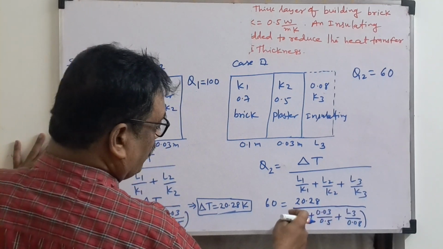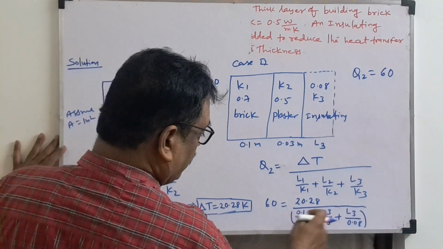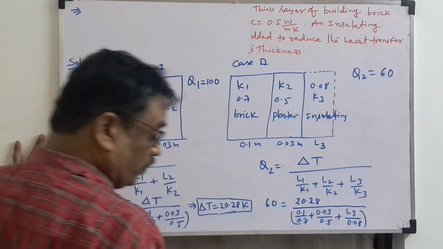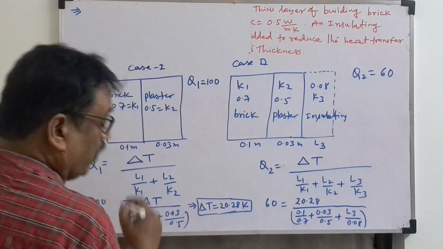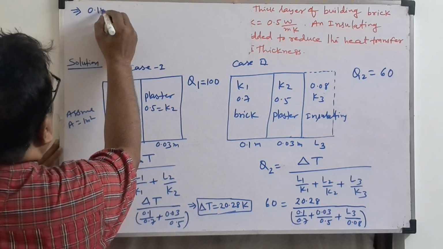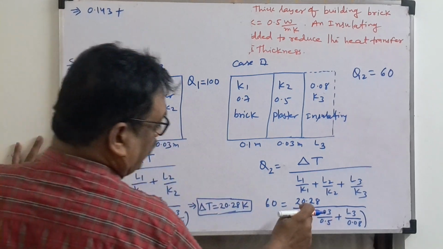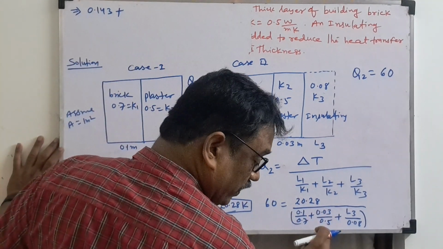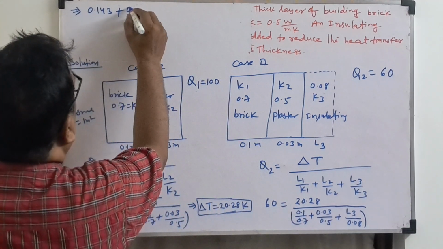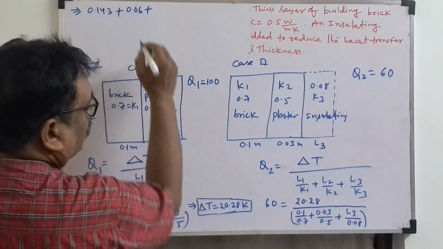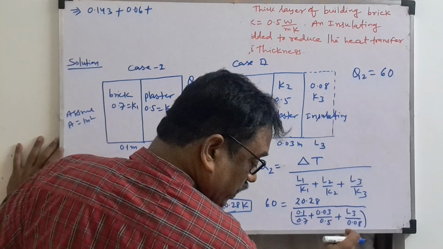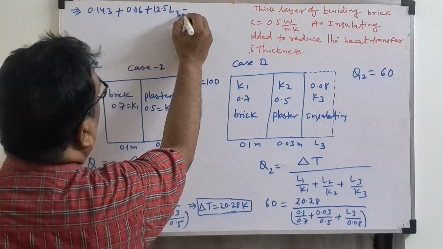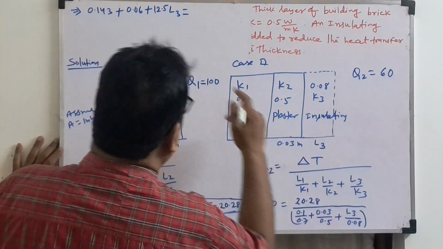First, 0.1 by 0.7 is 0.143. Then 0.03 by 0.5 is 0.06. Plus L3 by 0.08, which is 12.5 L3, equal to 20.28 by 60.